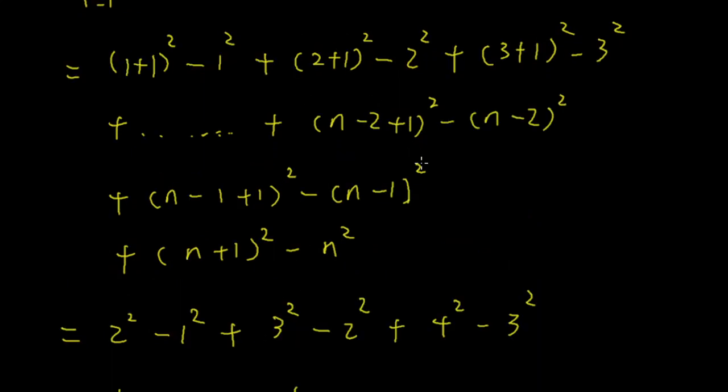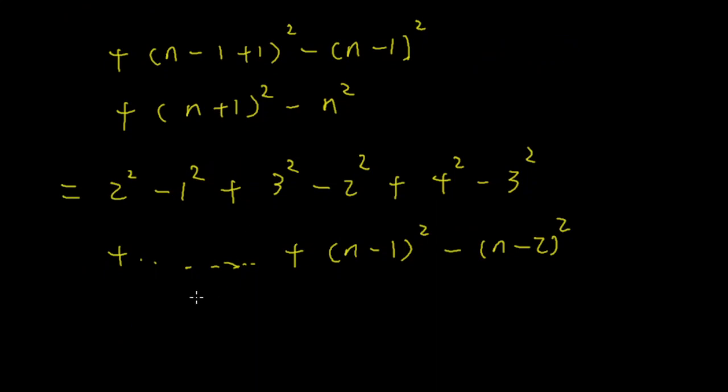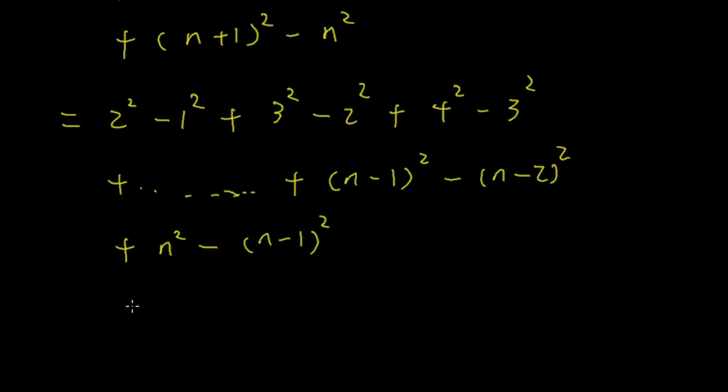Now, (n minus 2 plus 1) squared is (n minus 1) squared minus (n minus 2) squared. Plus this one: (n minus 1 plus 1) squared is just n squared minus (n minus 1) squared. And then here, (n plus 1) squared minus n squared.